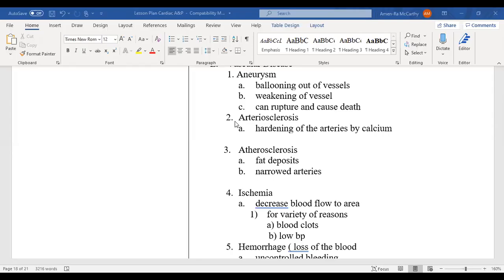So now the blood is only able to come out of this part. You have blocked off so much of that artery. That's called atherosclerosis. One way to remember it is athero and fatso, right? Athero is fat deposits in the artery. Okay, fat deposits.